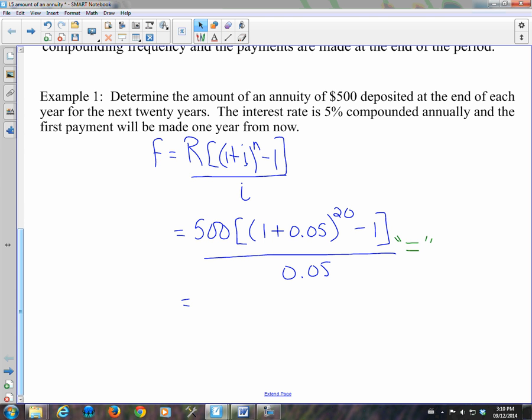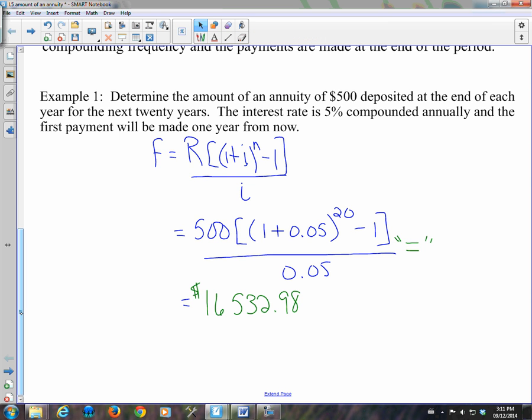I have got $16,532.98, which should make sense. $500 each year for 20 years, if I did 500 times 20, that would be 10,000. So I should have more than that because I'm getting interest on top of my deposits.